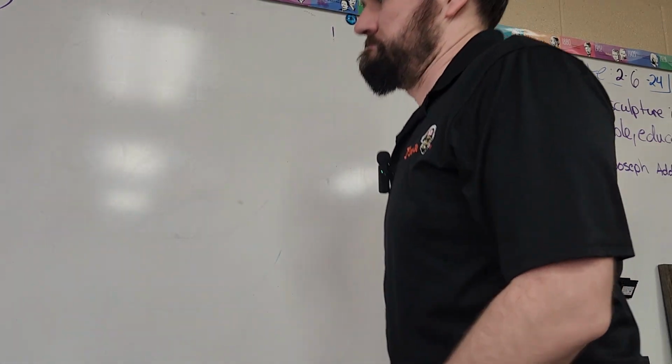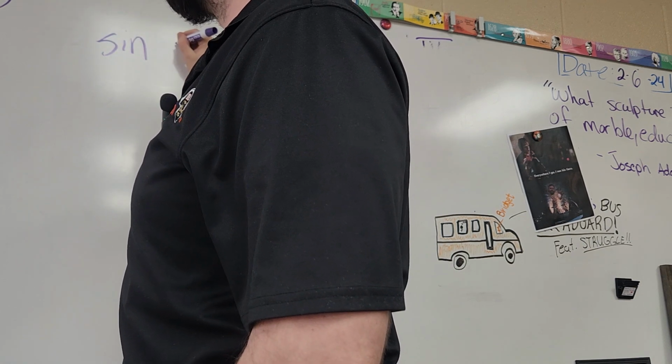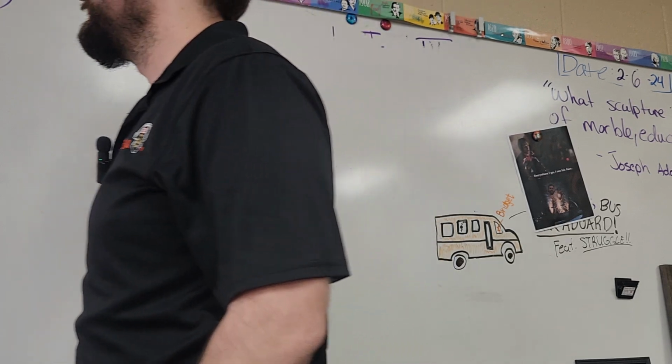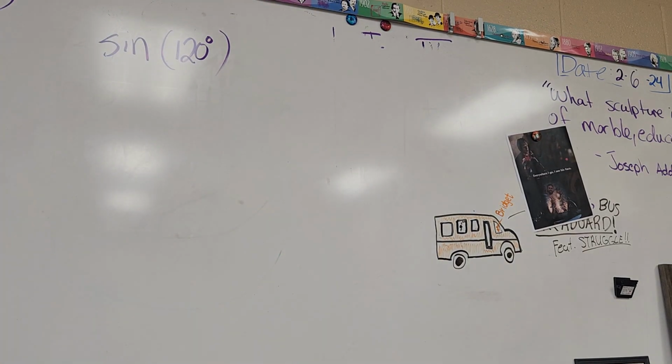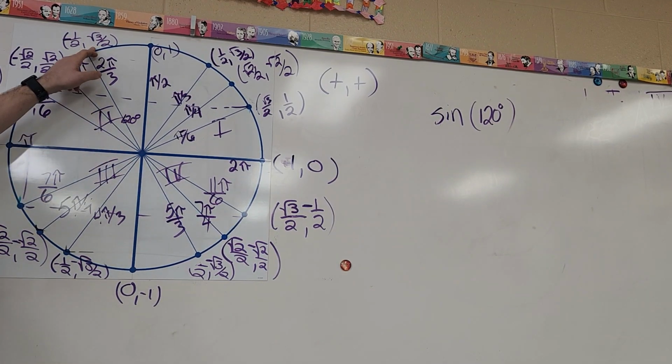Like, if I asked you what sine of 120 degrees is, I can use my unit circle, right? This is my 120. When I go to 120 degrees, what's my y coordinate?